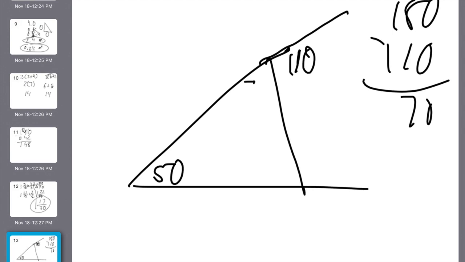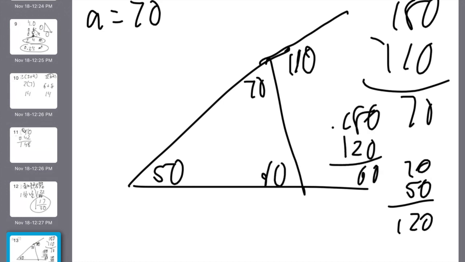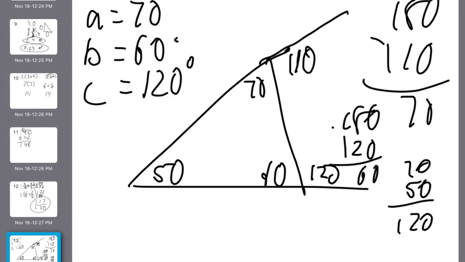Measurement of A is 70. Now I'm inside this triangle. 70 plus 50 is 120. Triangles add up to 180. So I got 180 minus 120 is 60. And then straight line is 120. So B equals 60, C equals 120. Don't forget your degree symbols.